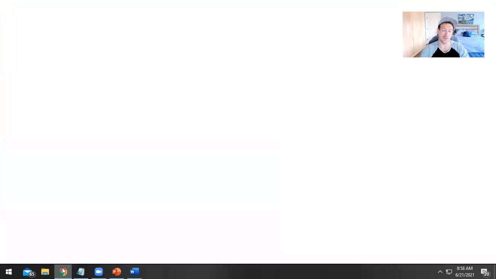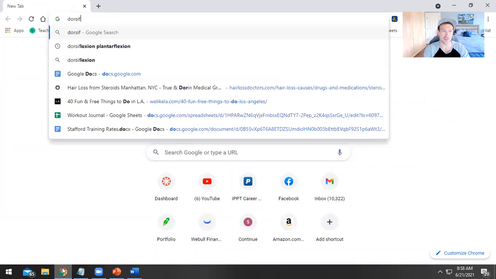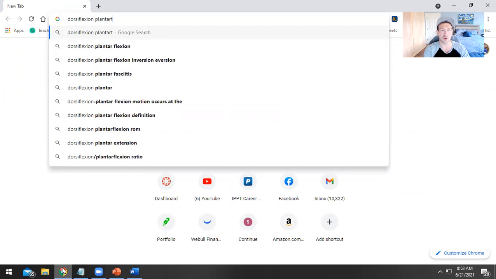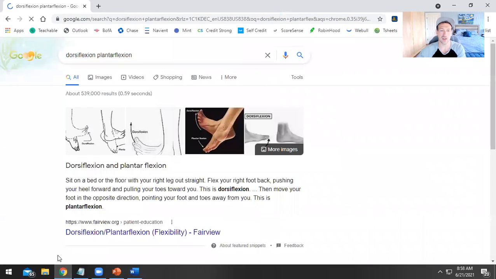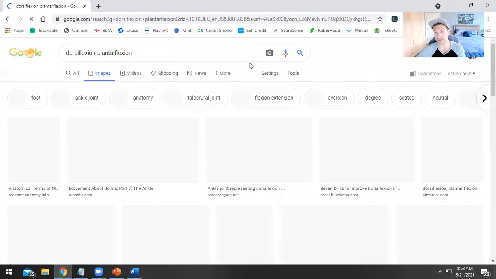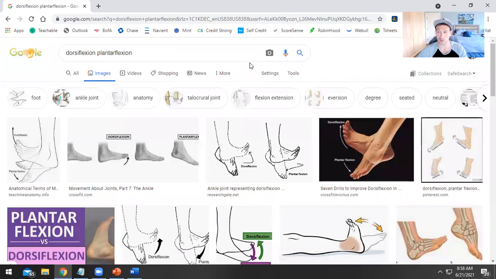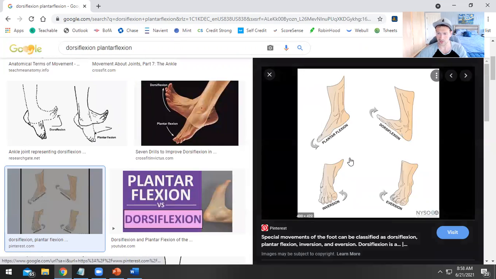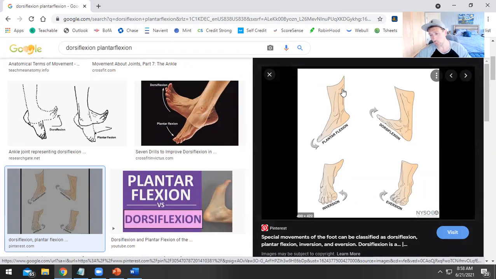Remember, with your calves you've got dorsiflexion and plantar flexion. Dorsiflexion is basically the extension of the ankle, and plantar flexion is basically the flexion of the ankle. They get special names because of the angle of your foot, but we need to see proper dorsiflexion in that ankle.